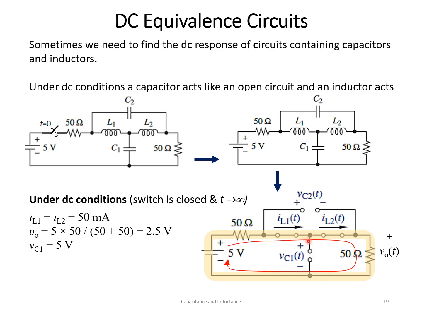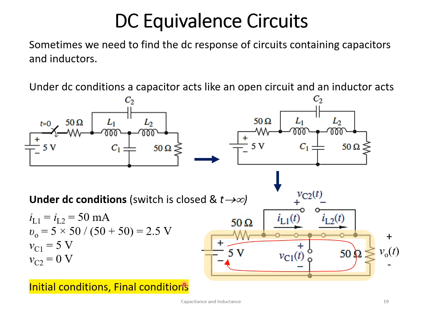The capacitor is in parallel with this, so its voltage will be equal to VO. However, across this other capacitor there is a complete short circuit on this side, so VC2 will be 0 volt.